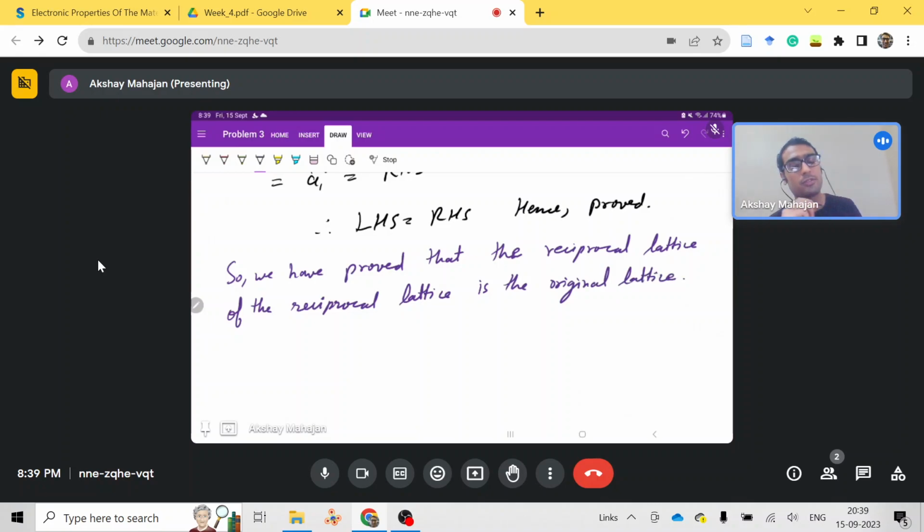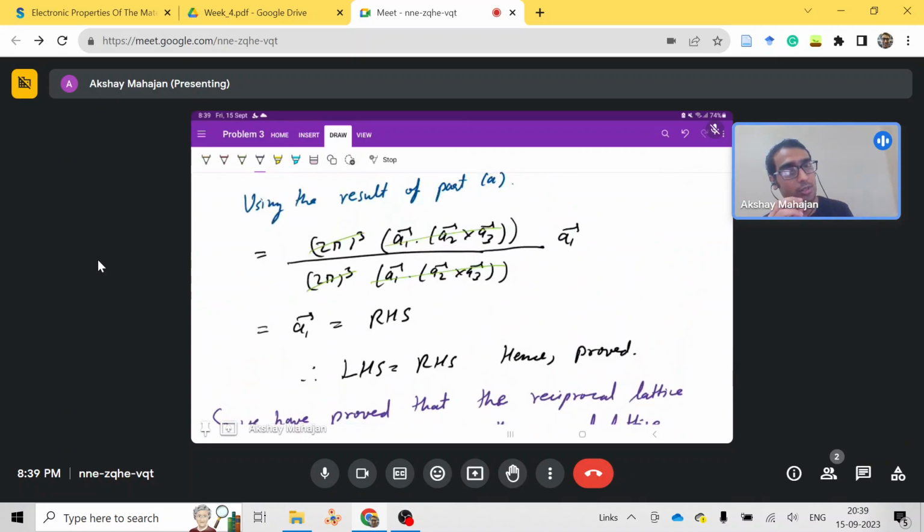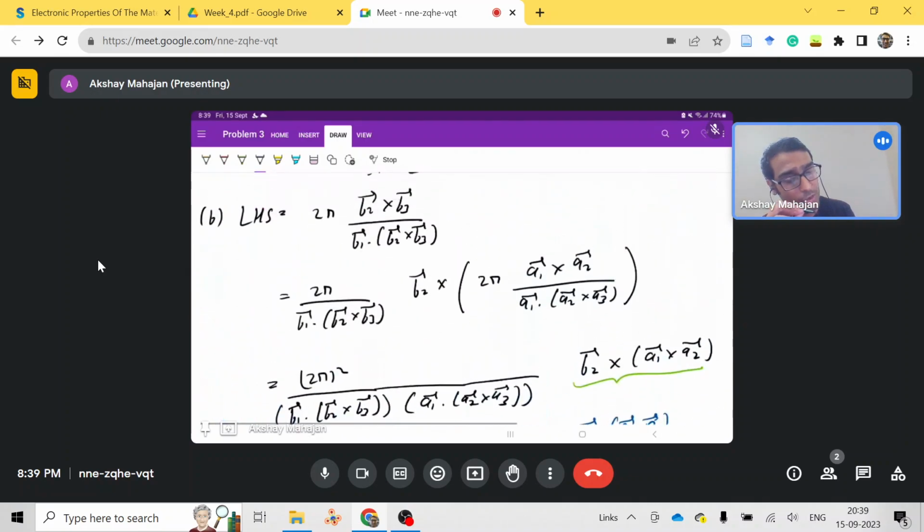Right? So if you take the reciprocal lattice of the reciprocal lattice, then you will get back your original lattice. Okay, and here you can, as given, check it for the other a2 and a3 vectors as well.